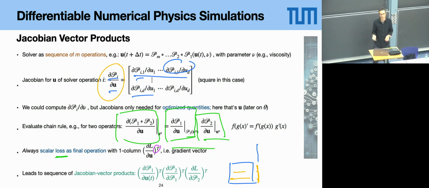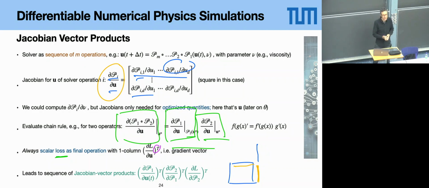And typically that's what all the frameworks do. They do not construct this whole dense matrix and compute this incoming gradient vector times matrix as a matrix vector product, but they typically have very efficient implementations of computing just the accumulation of all these terms and storing just this one vector as an output.